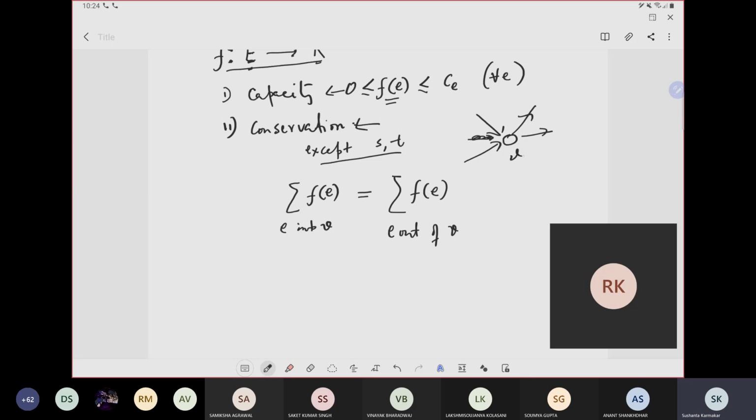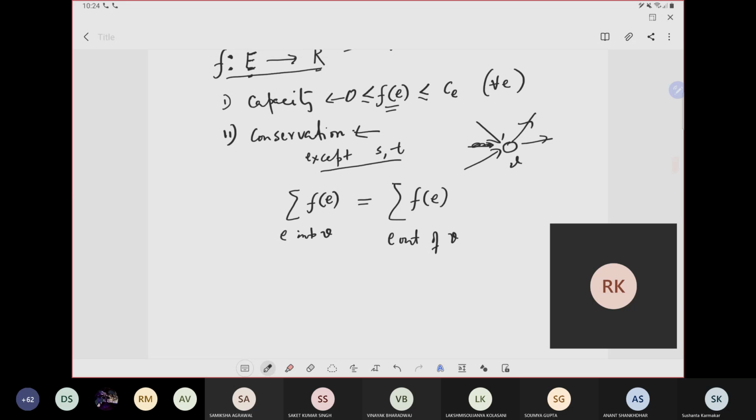That means V is not unnecessarily generating or capturing any flow. It is just a forwarding machine: it gathers and it forwards. That's it. So these are the two conditions.